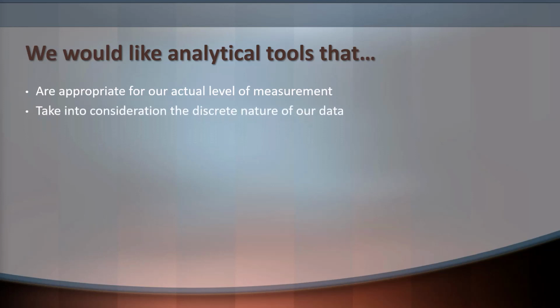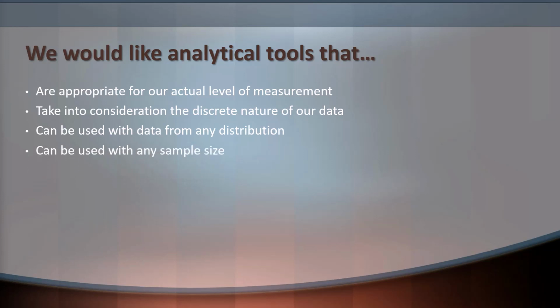We want to take into consideration that there is a discrete nature to our data, even if we assume that the underlying construct is theoretically continuous, there is still a discreteness to our measures, and we want to involve that in our analysis. We want to use data from any kind of distribution, not just assuming that we have either a normal distribution or that we can invoke the central limit theorem. And we want to be able to do this with any sample size.